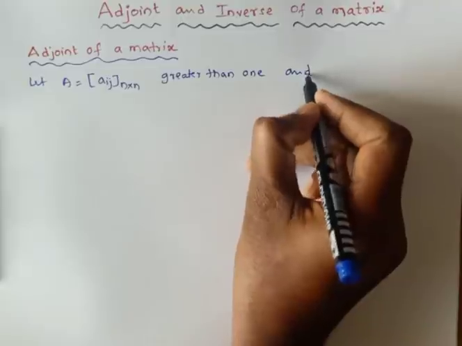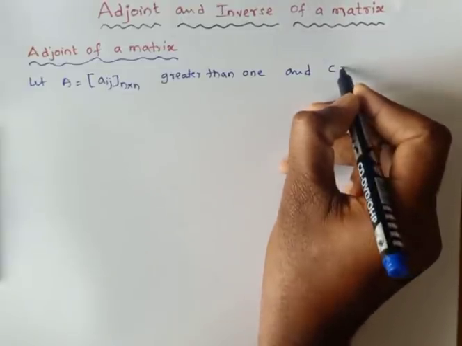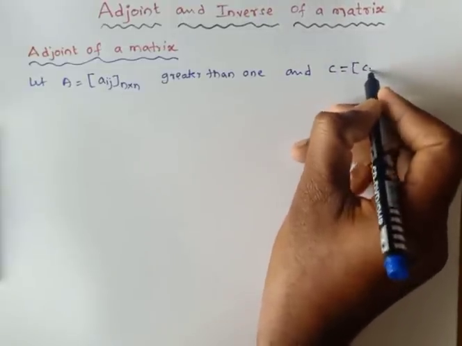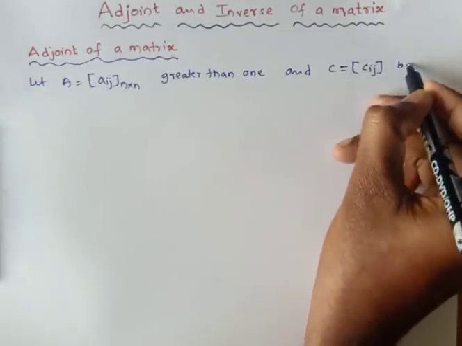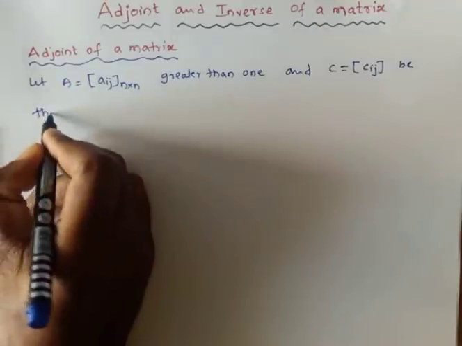Consider one more matrix, C equals Cij, the cofactor matrix.